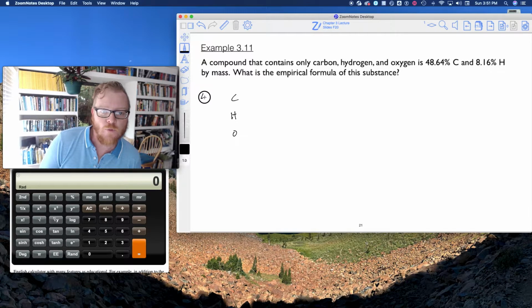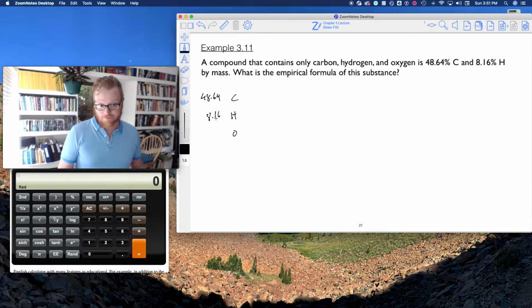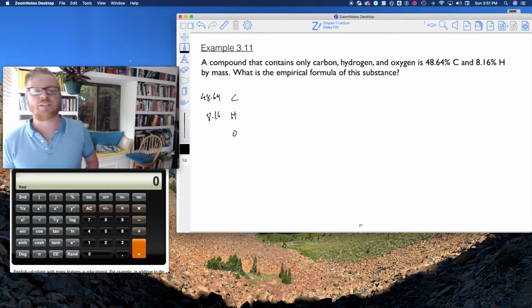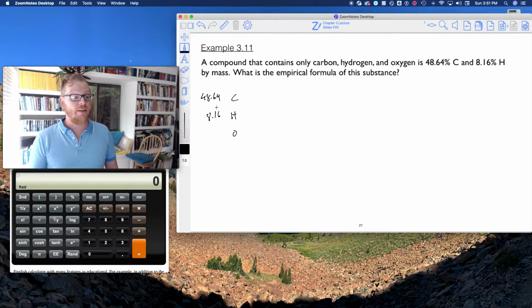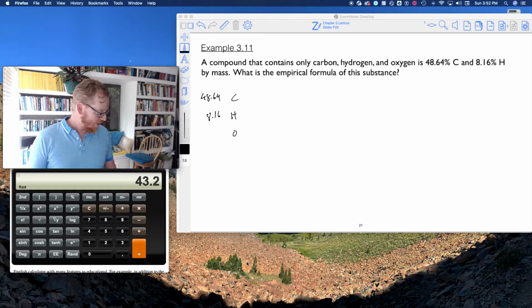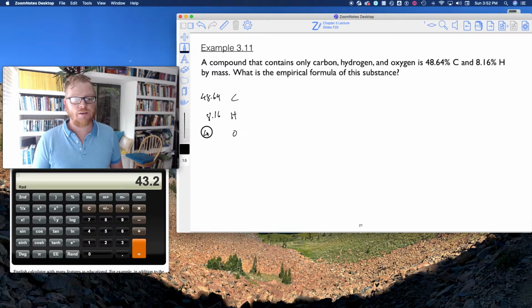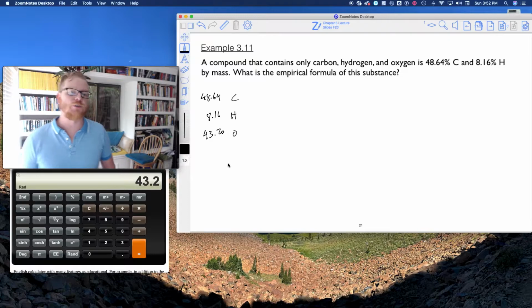Well, hopefully it's obvious. If not, that's okay. But hopefully it's obvious that this all has to add up to 100. Because if the compound only contains carbon, hydrogen, and oxygen, and we were given the percentages, then we can say 100 minus 8.16 minus 48.64, and the rest has got to be 43.20.